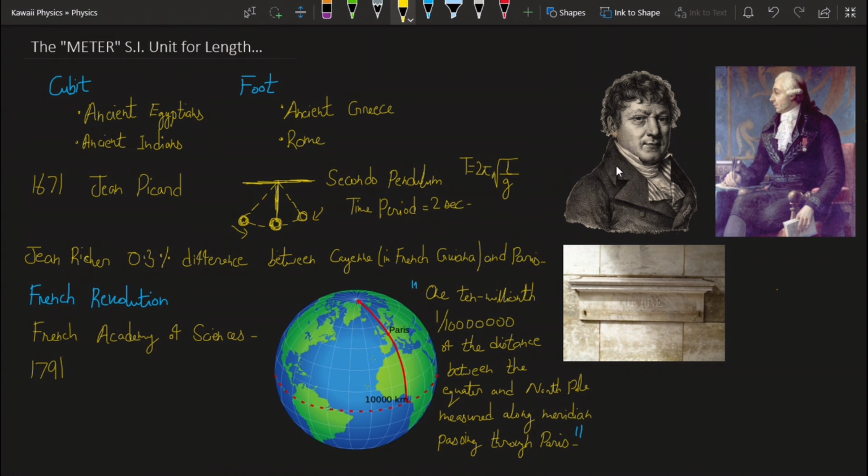It took them around 6 years, from 1792 to 1798, to calculate the distance.